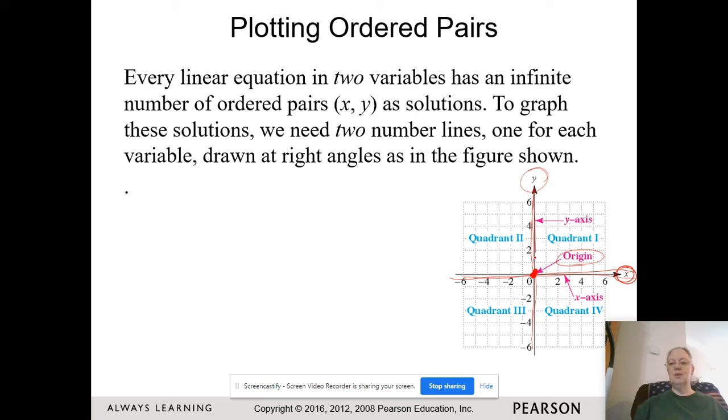These two lines divide up the rectangular coordinate system into what are called quadrants. So we label the quadrants 1, 2, 3, and 4. Notice I'm going counterclockwise, and I label with Roman numerals. We always label the quadrants with Roman numerals. I don't know why, and we always go counterclockwise, starting in the upper right-hand corner. So quadrant 1, 2, 3, and 4.